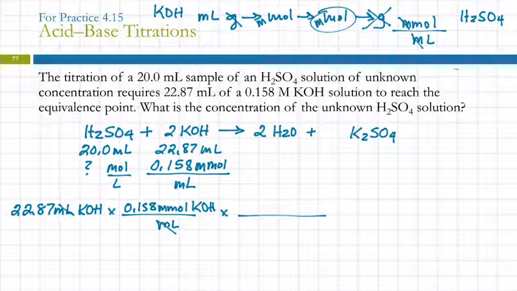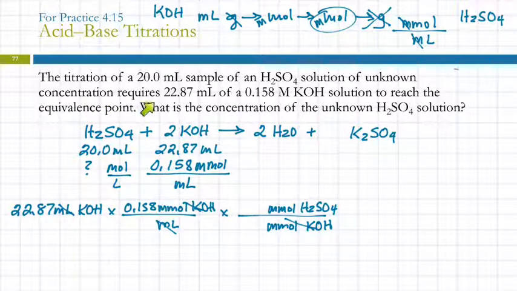Then I'm going to convert to millimoles of the sulfuric acid, dividing by millimoles of KOH. A millimole ratio is the same as the mole ratio, 1 H2SO4 for every 2 KOHs. So 1 to 2. I'm going to stop the calculation there. 22.87 times 0.158 divided by 2. 1.80673 millimoles.